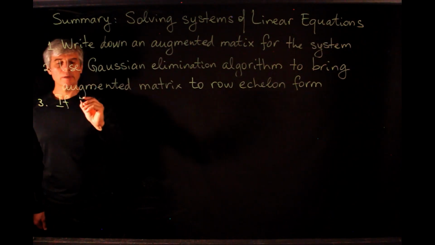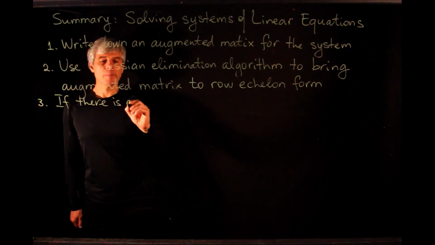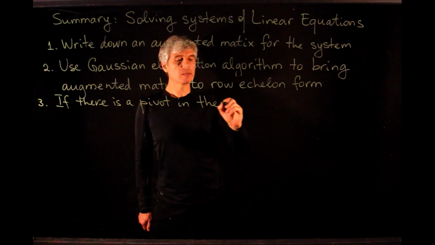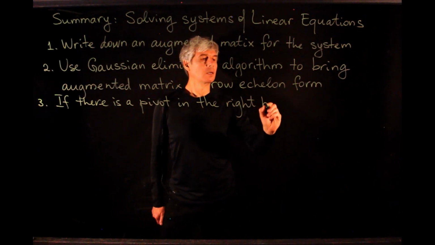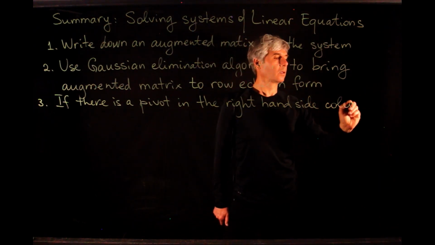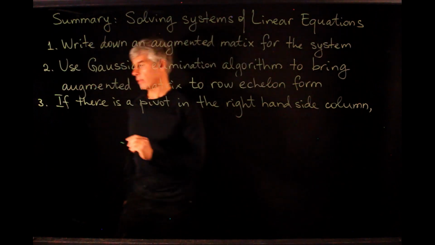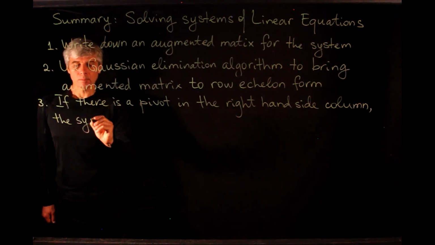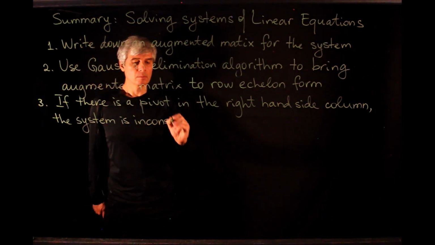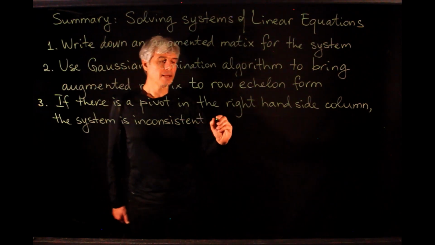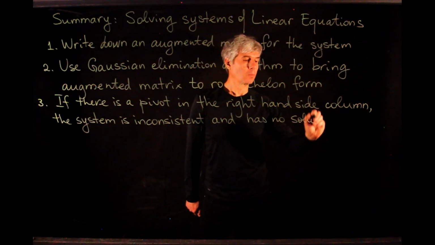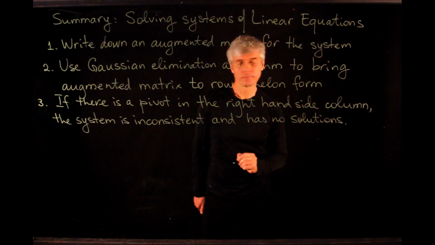If there is a pivot in the right-hand side column, the system is inconsistent and has no solutions. And we stop here.